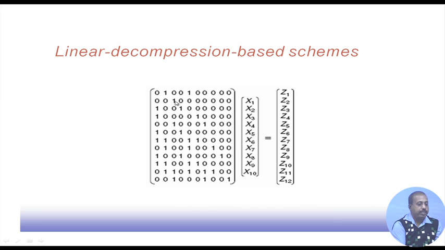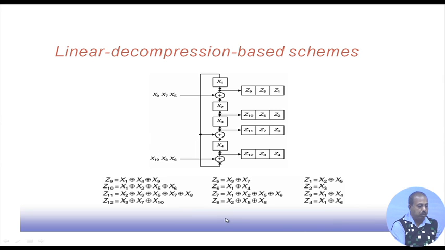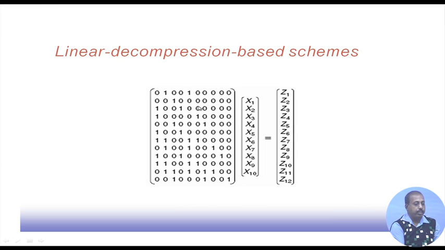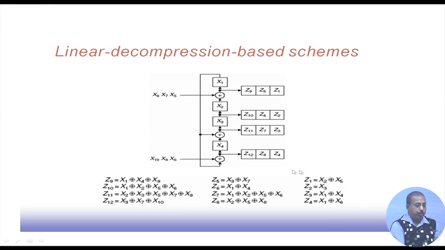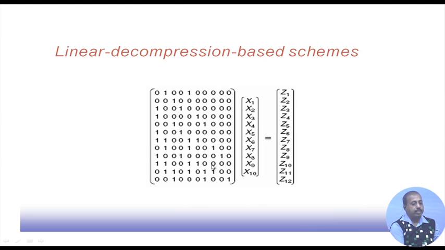Similarly, x3 becomes equal to z2, which is represented by this matrix. Whatever computation we have seen here can be represented by this matrix, and by simple matrix multiplication we can get the test pattern.